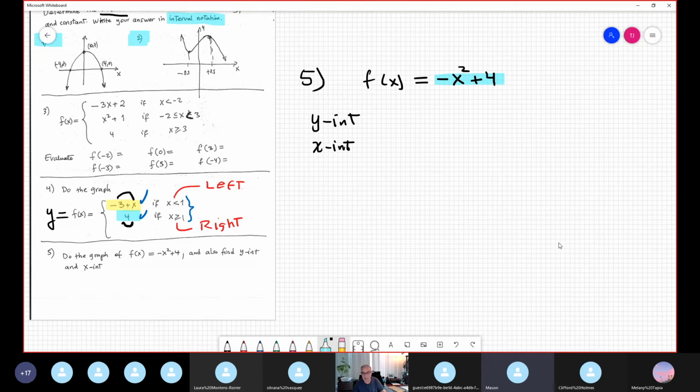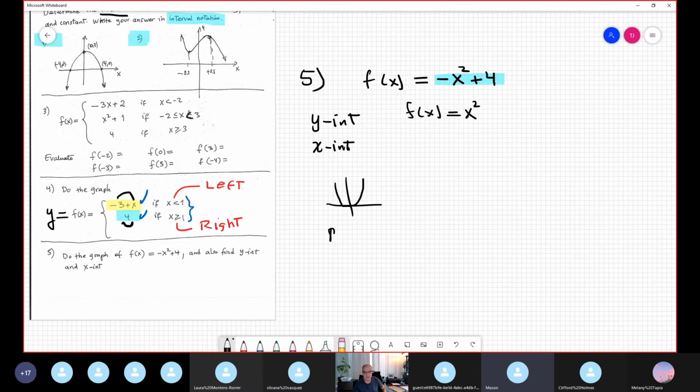Okay, so now I need to know, okay, this graph is a family of the function x squared, que es de parábola, ¿no? Parábola look like that. Roughly sketch.